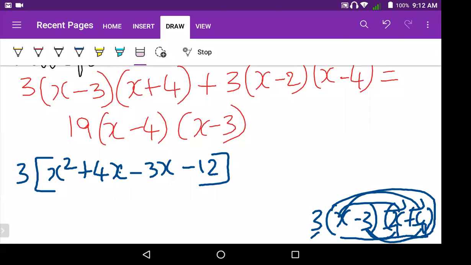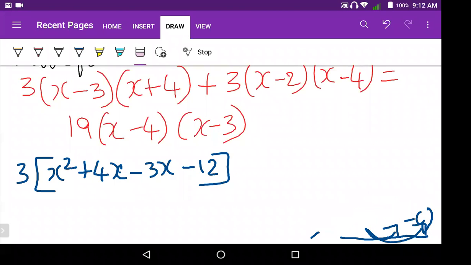Understood? So this is the first expression that we are taking. Did you all understand the first expression? Yes. Okay.